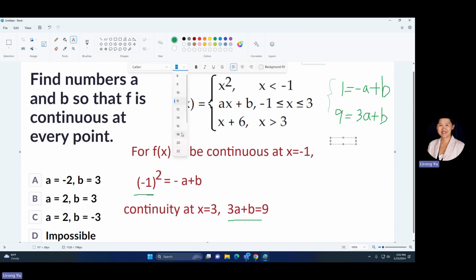It will be 3 equals negative 3a plus 3b.